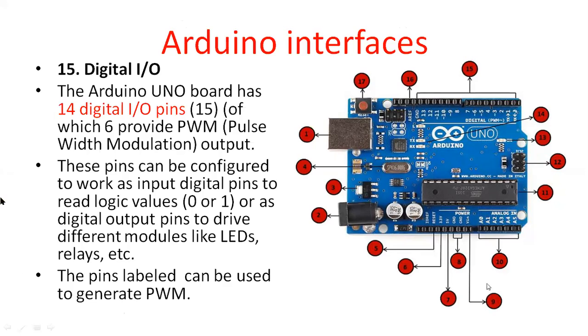There are 14 digital IO pins available here, and 6 of them provide pulse width modulation output. Some other pins can be configured to work as input digital pins to read logic values 0 or 1.